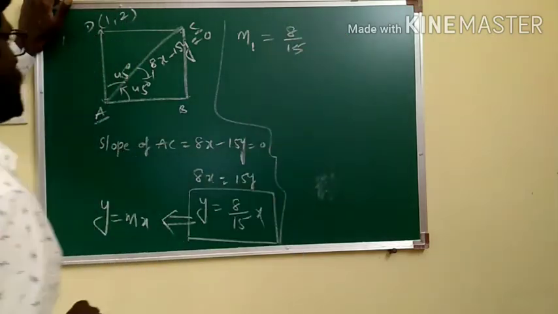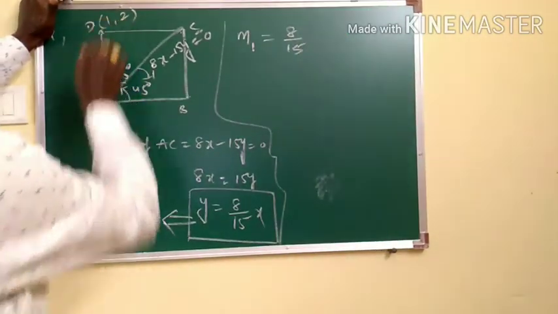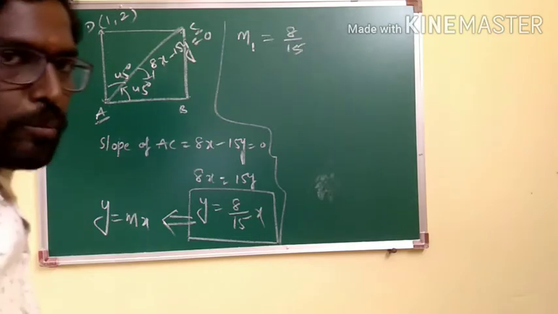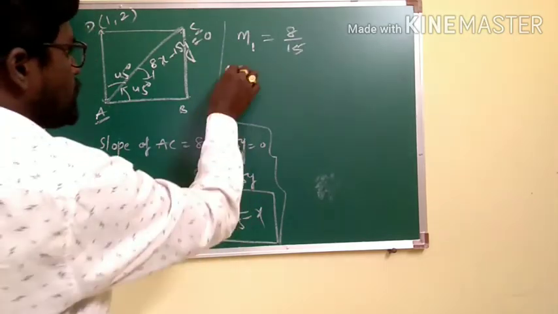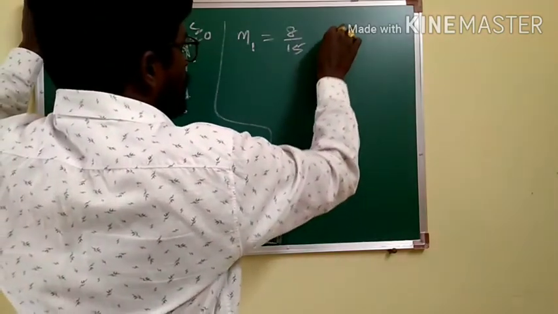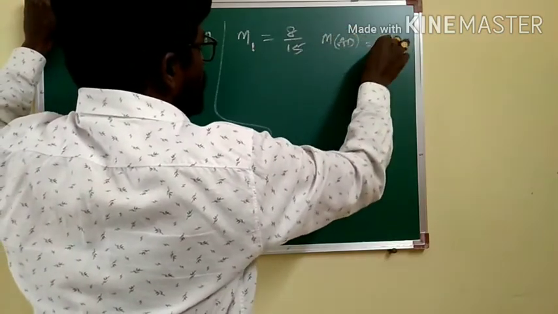Now we want the slope of AD. Let us consider the slope of AD as some m.